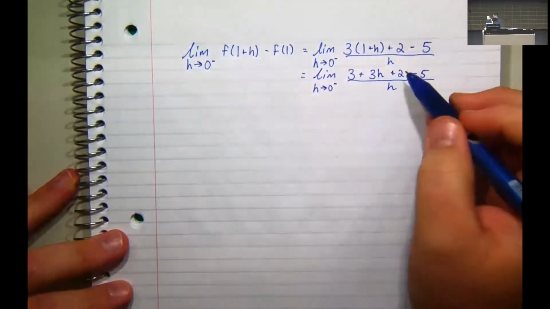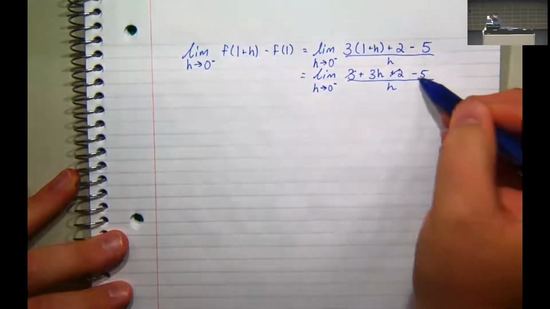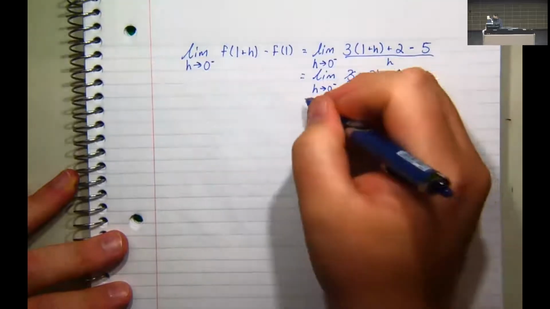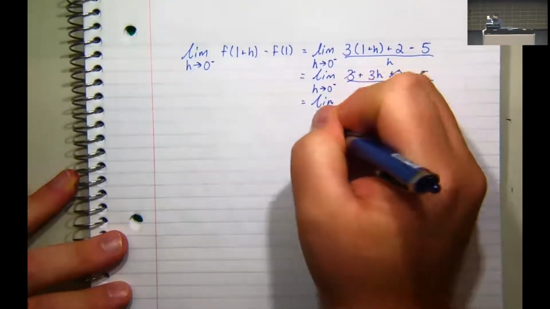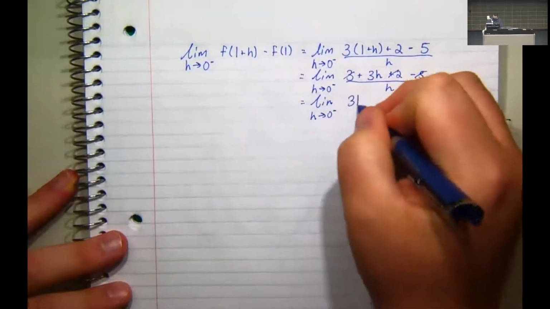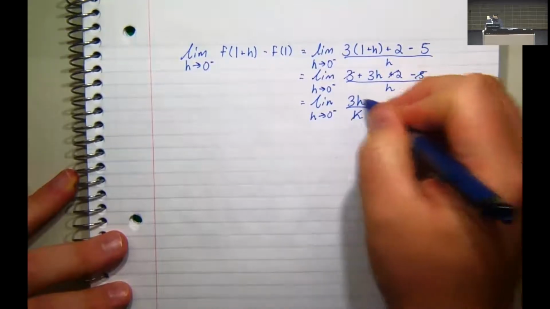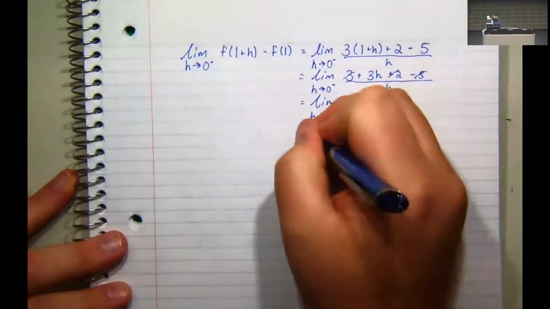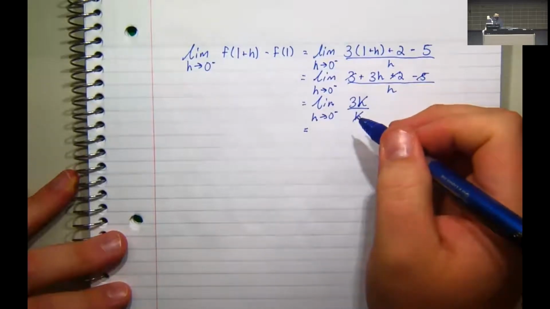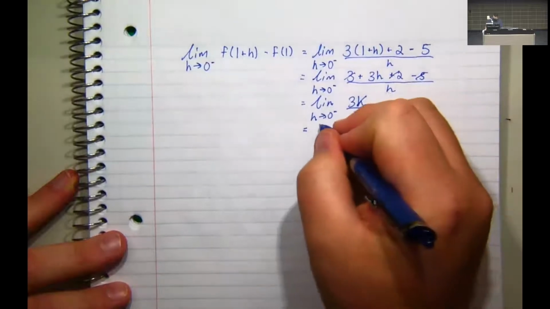Of course, these constants here, 3 plus 2 is 5, minus 5 is 0, so they cancel each other out. So we get the limit as h approaches 0 from the negative of 3h over h. Now we can eliminate these. And we can sub in now h because there's no division by 0, but there's no h there, so subbing it in just makes it the constant 3.